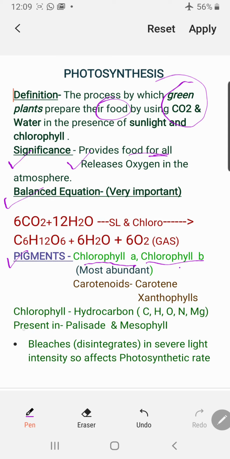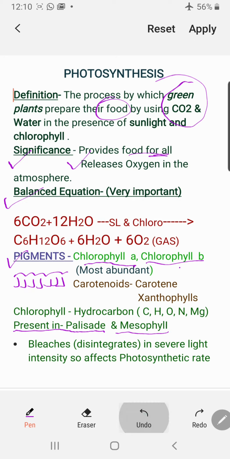I have already mentioned it here. Chlorophyll A and B, they are present in the palisade and mesophyll cells. I hope by this time you understand where the palisade cells and mesophyll cells are present. If you can recall the upper epidermis, then the columnar cells, which are palisade, and the spongy irregular cells are mesophyll cells.